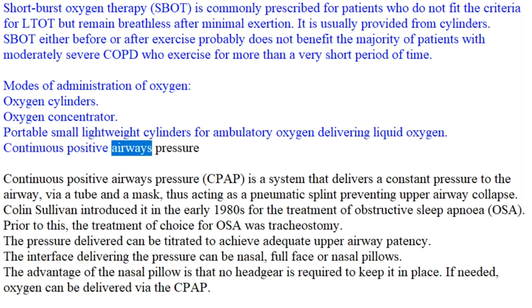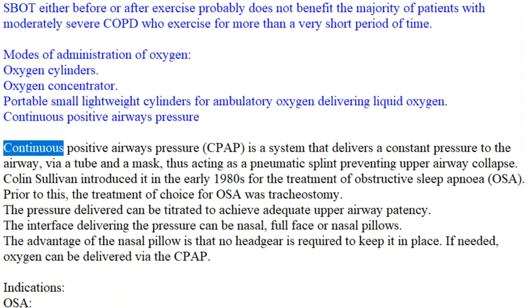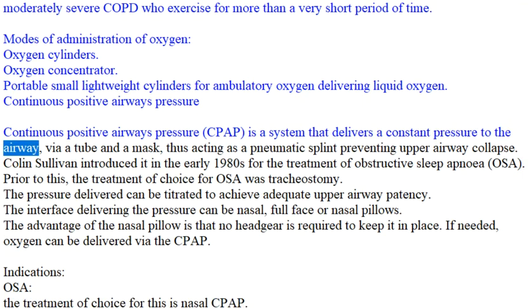Continuous positive airways pressure. Continuous positive airways pressure, CPAP, is a system that delivers a constant pressure to the airway, via a tube and a mask, thus acting as a pneumatic splint preventing upper airway collapse.